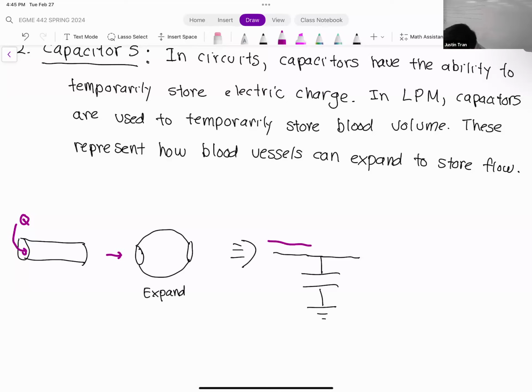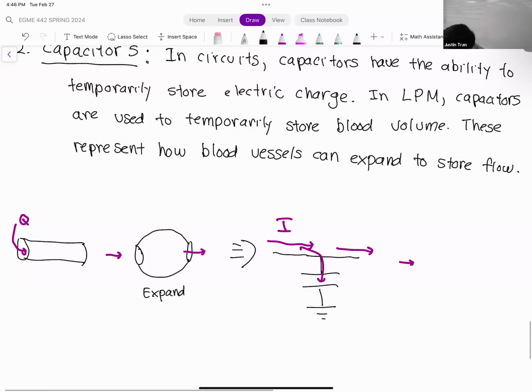When charge comes in, usually in the form of an electric current I, some of that current is going to pass through, just like in our expansion example some blood is going to go through. But a lot of that charge may go into the capacitor to be stored. And so we get a situation that looks like this, where we have our capacitor with stored flow or stored charge.